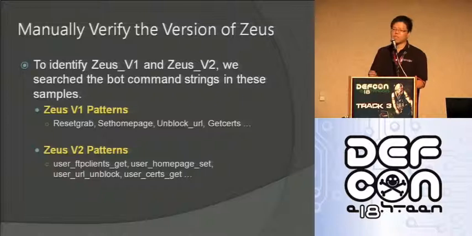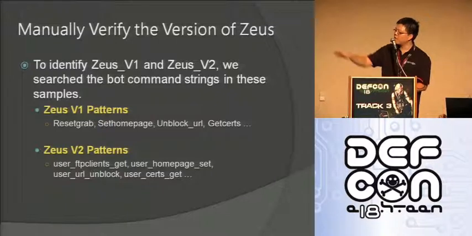Because there are some ZBot variants, instead of only believing the antivirus, we try to do manual inspection ourselves. We double check that these are really ZBot malware instances, and then we try to find their versions so that we can tell which variants they are. There are actually different bot commands in these different ZBot binaries, so you can tell their versions.